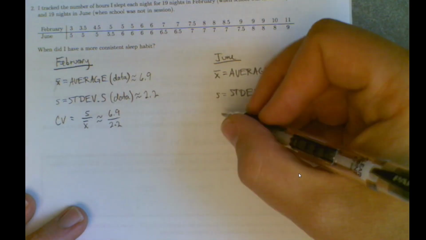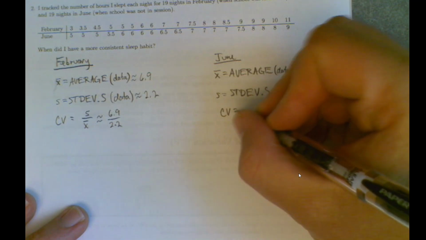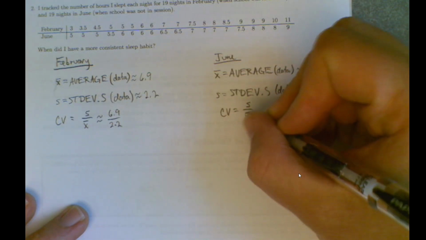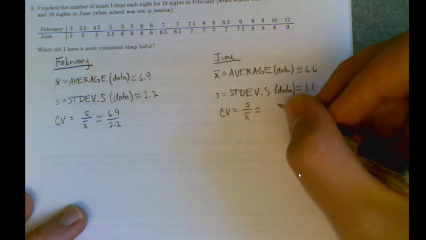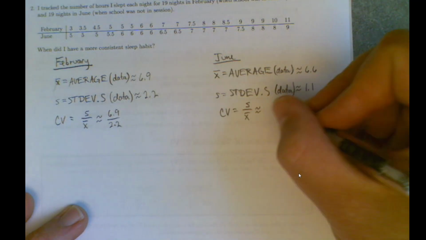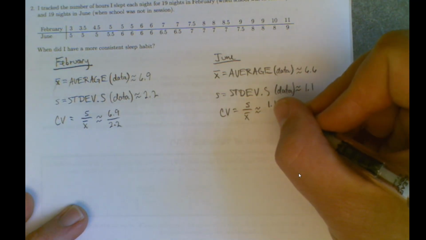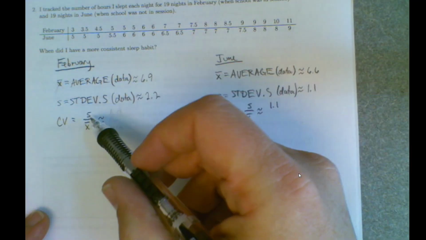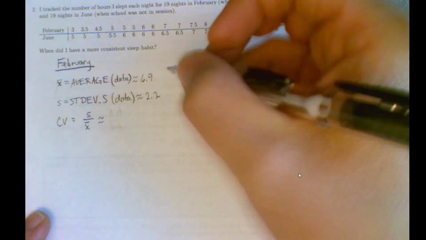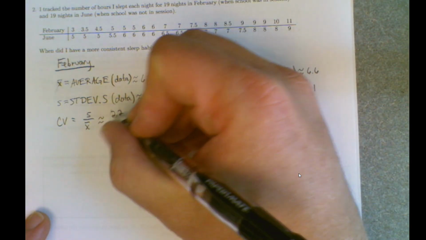And for the June data, it would be approximately 1.1. Ooh, I got these backwards. Let me fix that. It's S divided by X bar, so it would be 2.2 divided by 6.9.